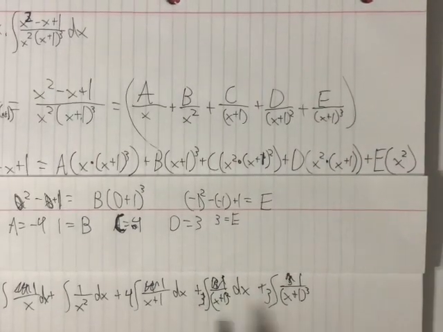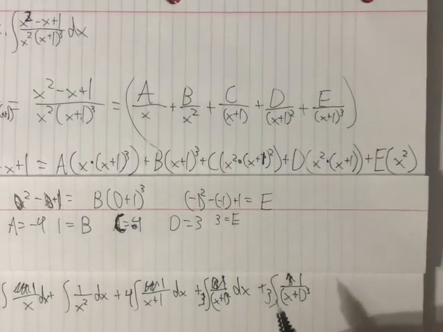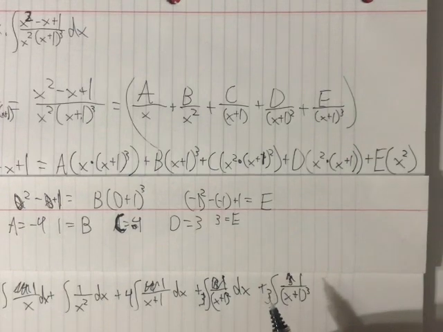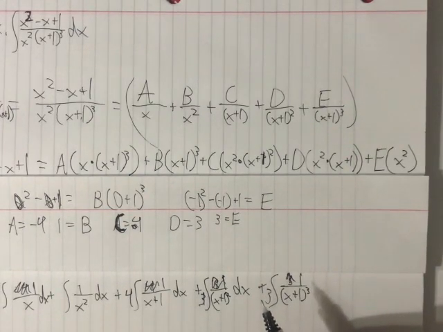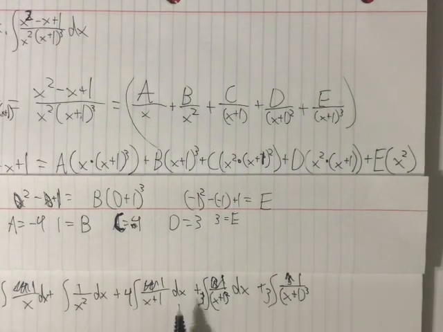Now this will make this much easier to solve, because now instead what we have here is essentially a bunch of log functions, with the exception of the x plus 1s.